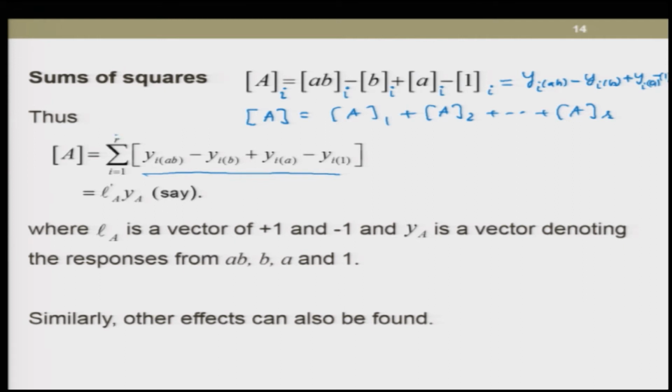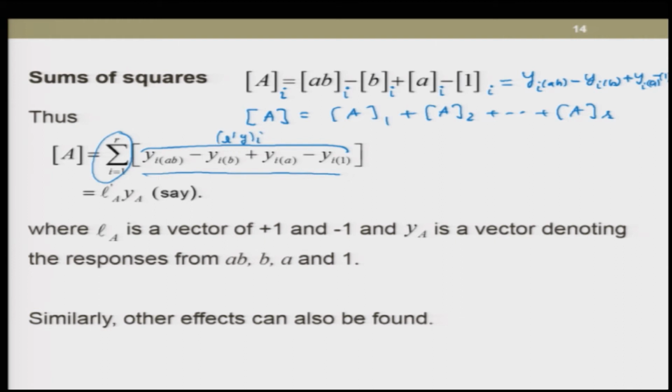So, I am going to sum all the observations, and whatever this part is, it can be expressed as some L transpose y for the ith observation.